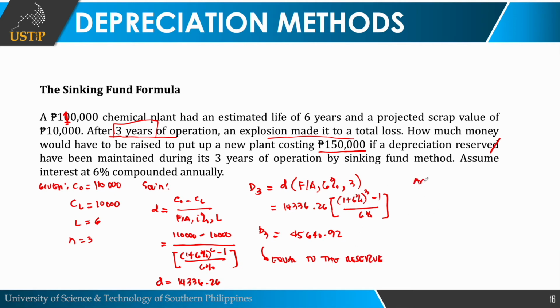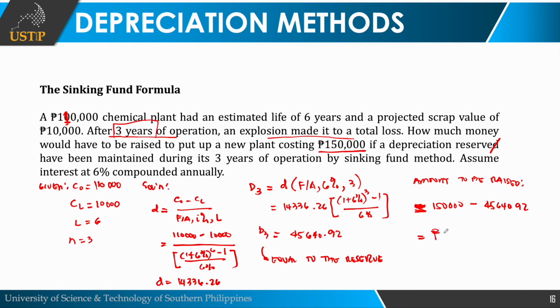That means, in order to know the amount that needs to be raised, class, we should just subtract from the 150,000 needed for the new plant costing our D sub 3, or our saved funds, that is 45,640.92.